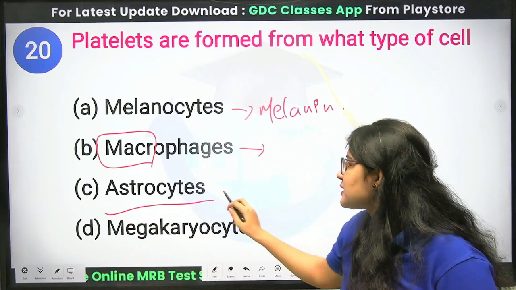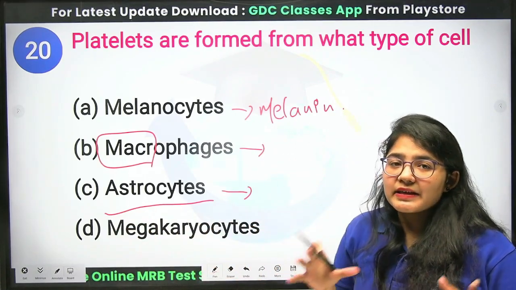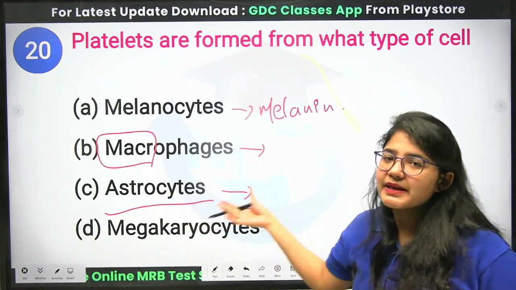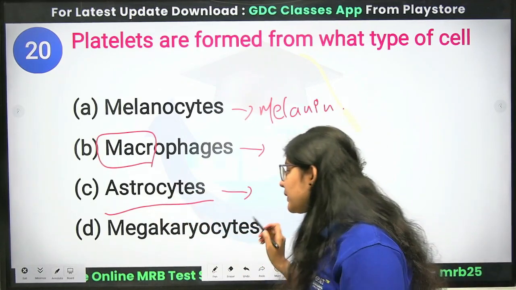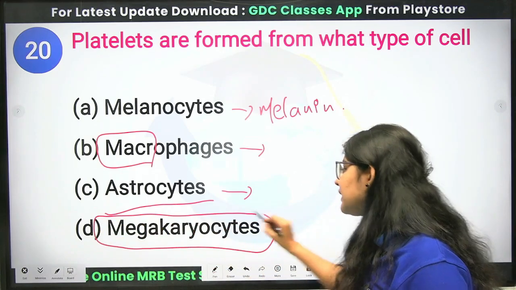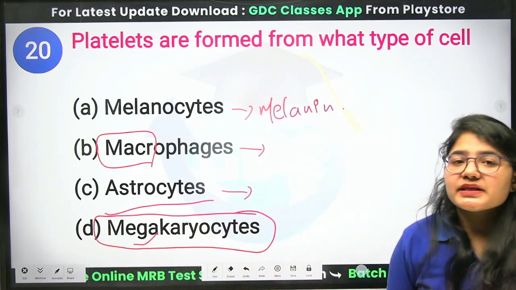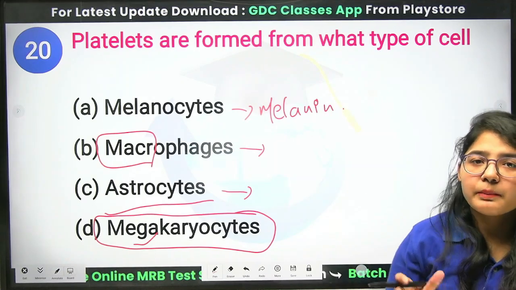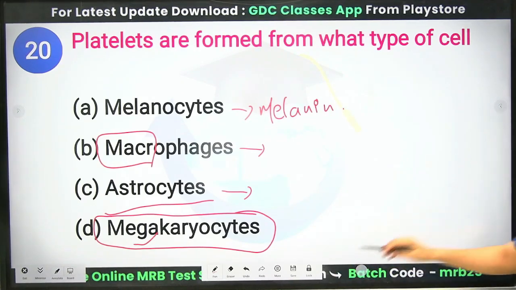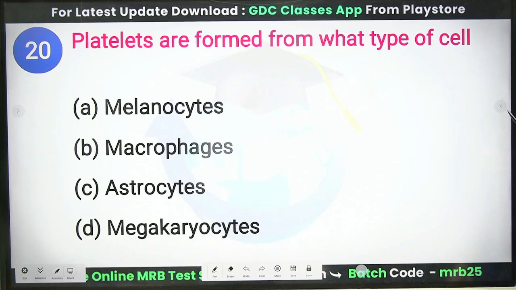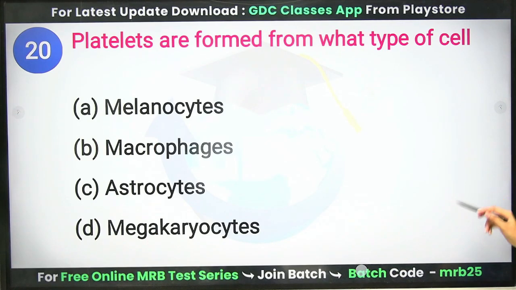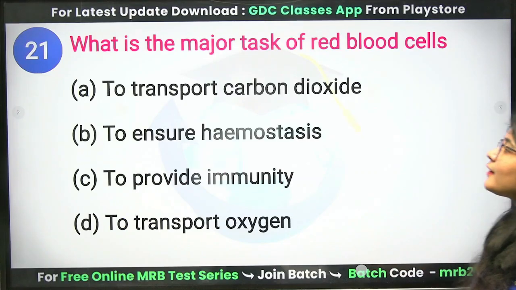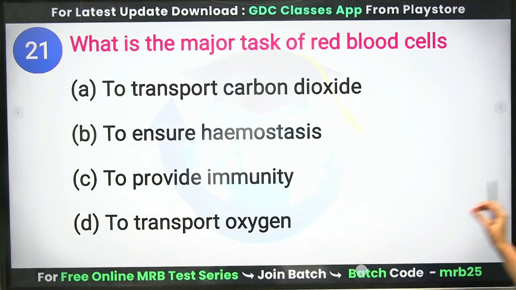Astrocytes are star-shaped and present in your central nervous system. Megakaryocyte is responsible for the formation of platelets in the bone marrow. Clear? So what will be the correct answer? That is megakaryocyte.